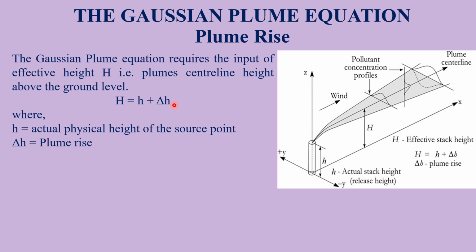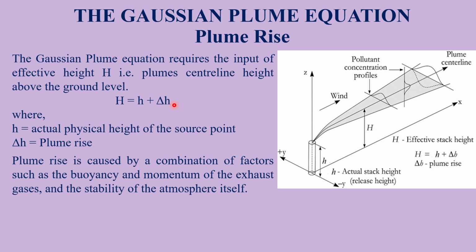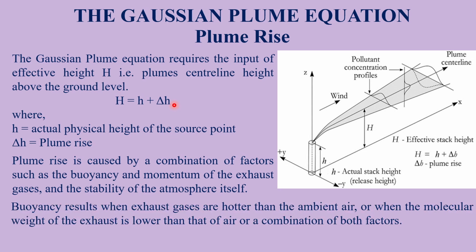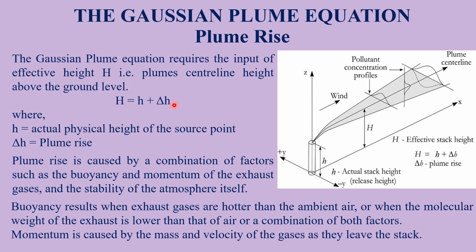So plume rise is caused by a combination of factors such as buoyancy and momentum of the exhaust gases and the stability of the atmosphere itself. Buoyancy results when exhaust gases are hotter than the ambient air, or when the molecular weight of exhaust gas is lower than that of air, or a combination of both factors. And momentum is caused by the mass and velocity of the gases as they leave the stack.